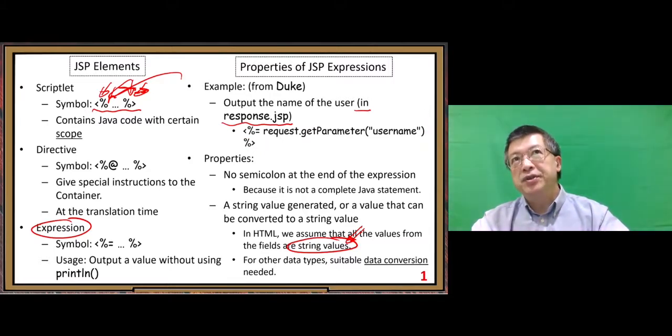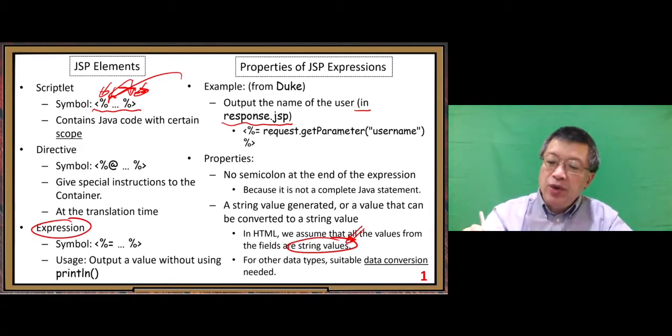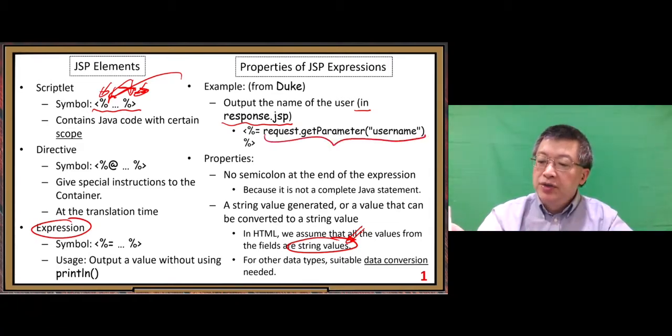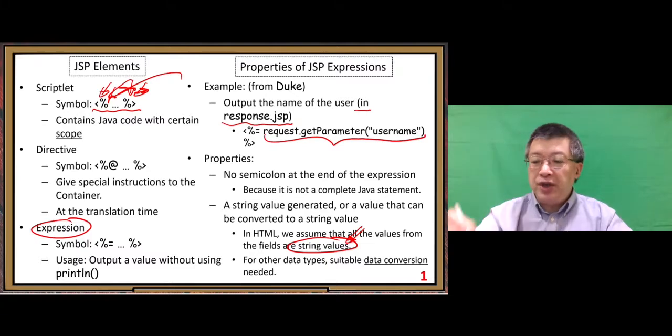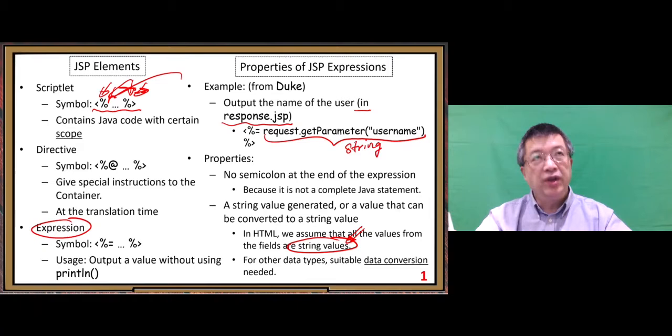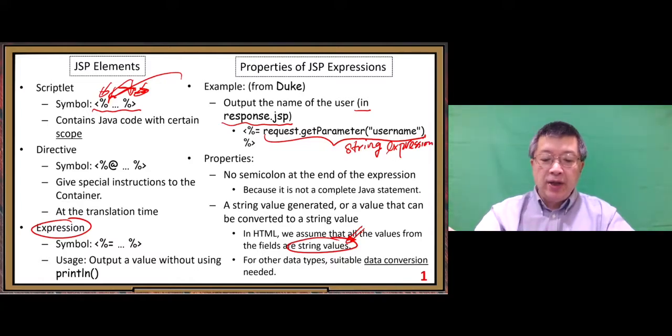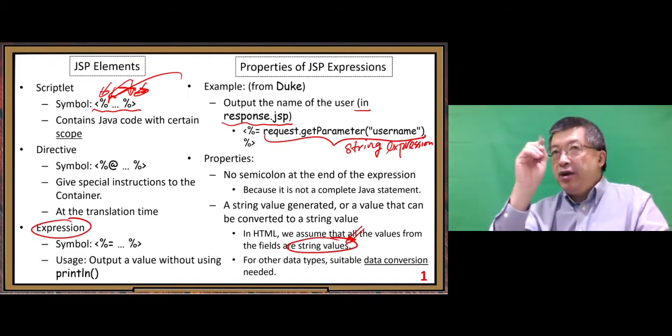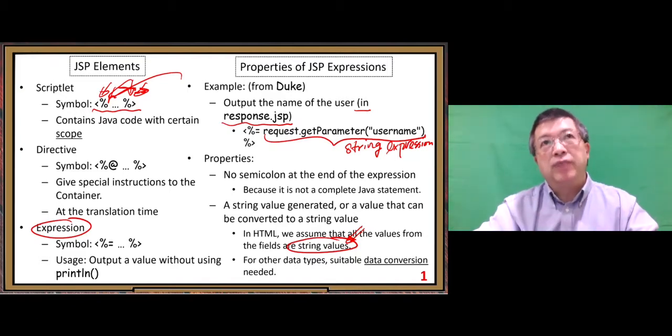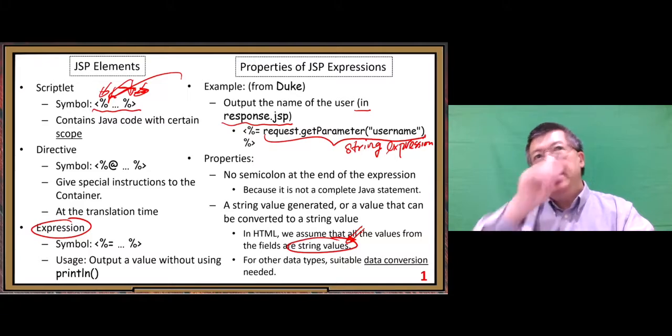First, we expect to use a string expression here, some variable you expect to generate a string value, or another data type expression that can be converted to string values easily.